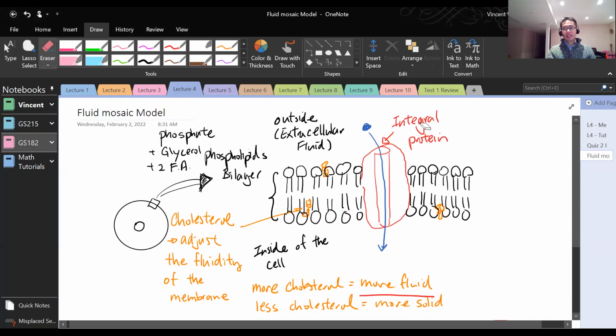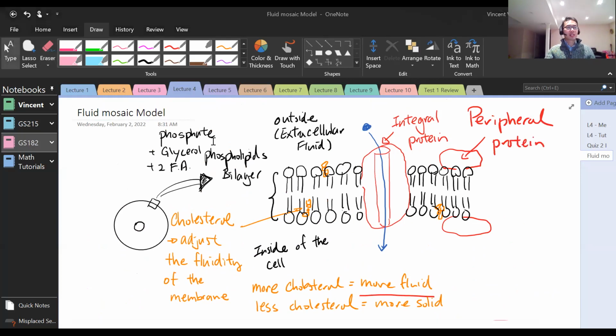Okay, moving on. In addition to integral proteins, there are also some proteins that are just sticking on either the outside or the inside. They don't span the entire cell membrane. These are called peripheral proteins. And again, they have various functions.